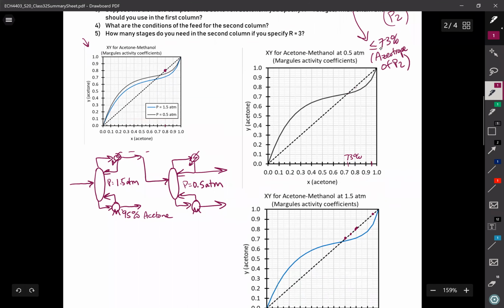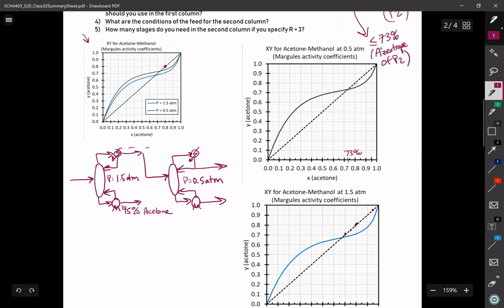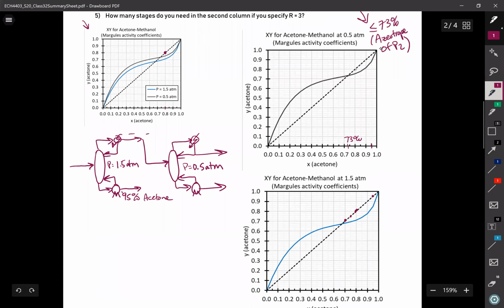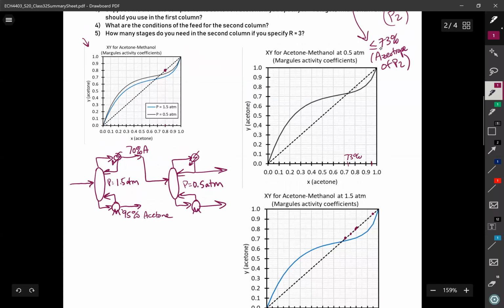All right, so let's not specify the exact minimum, because when you specify the exact minimum, that can get you into trouble. I'm going to specify that column 1 is going to be 70% pure acetone instead, and that's going to go to the second column.